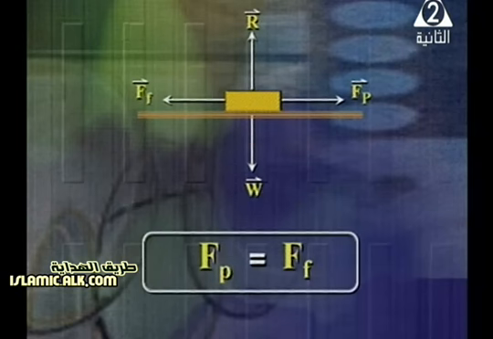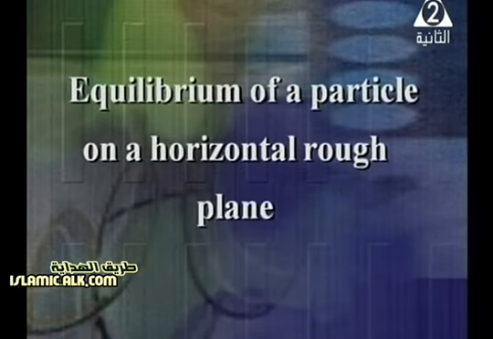Dear student, look, if we have two forces equal in magnitude and opposite in direction, they are in equilibrium. This is equilibrium of a particle on a horizontal rough plane. Look at the body acted on by force F inclined to the x-axis by angle theta. We resolve it along the two axes: F cosine theta and F sine theta.